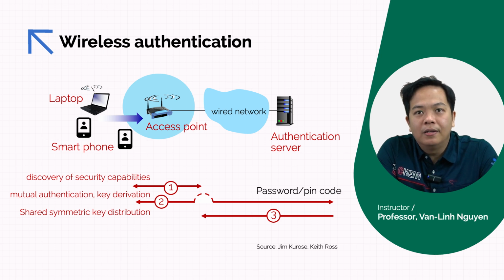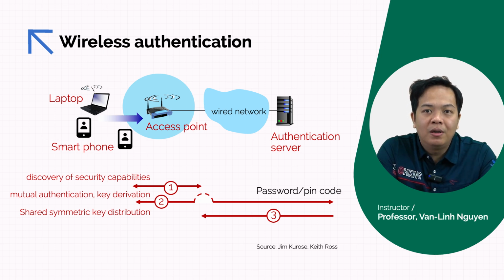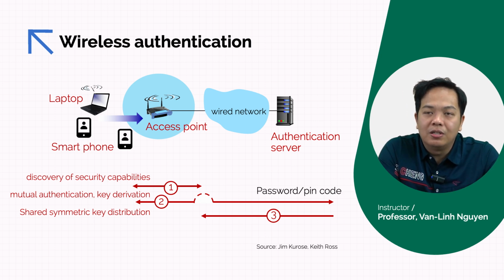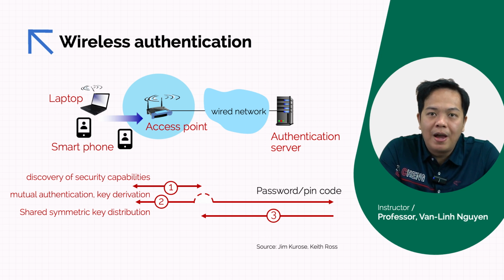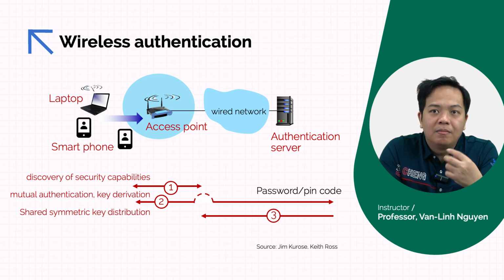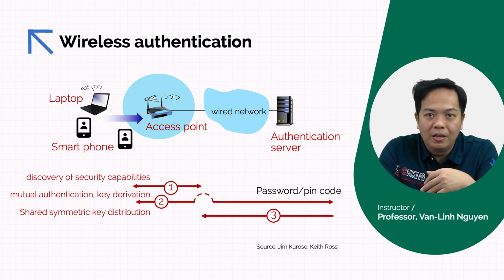You can see the laptop or smartphone accessing via a Wi-Fi access point, and from the access point they need to log in to the authentication server. Actually this one is for enterprise. In practice, the Wi-Fi access point can become an authentication server too, so you just enter the Wi-Fi password to log in.